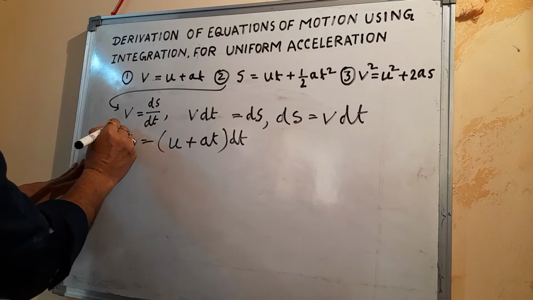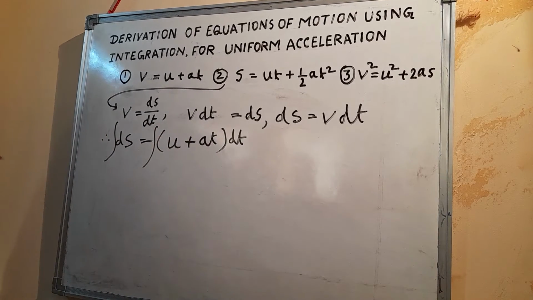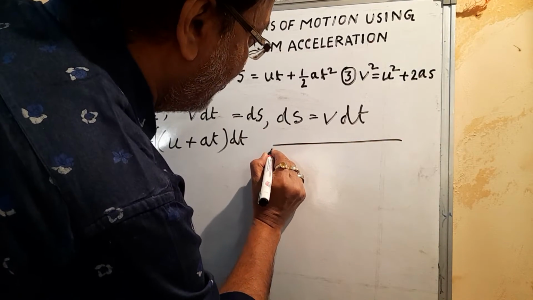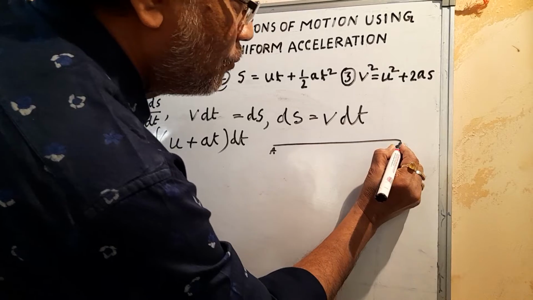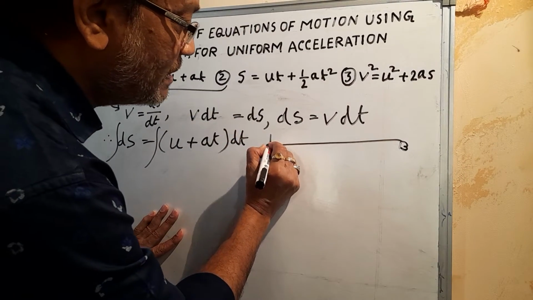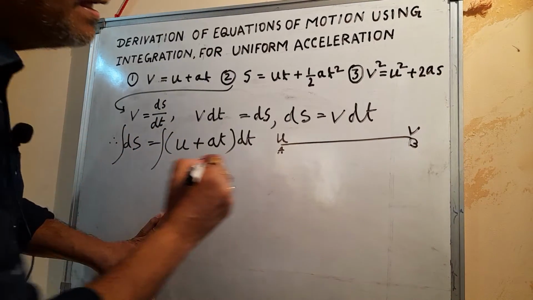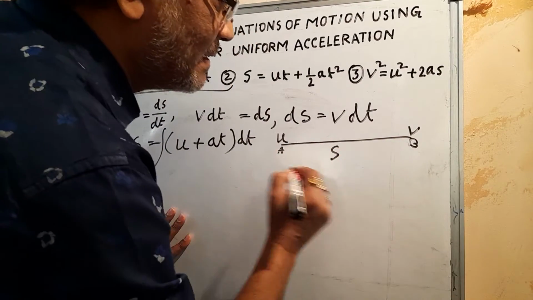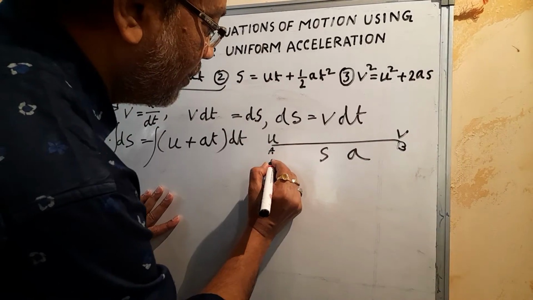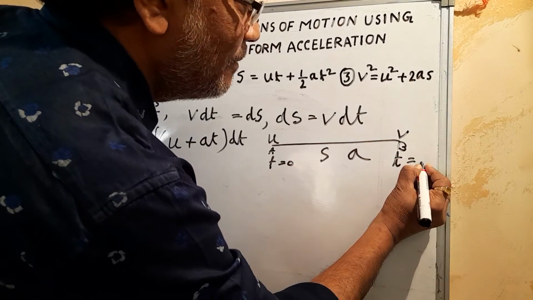Then we will integrate this. The integration limit will be the same as when a particle moves from point A to point B. Here the starting velocity is u, the finishing velocity is v, the displacement is s, and a is the acceleration, with time starting from 0 and finishing at t.